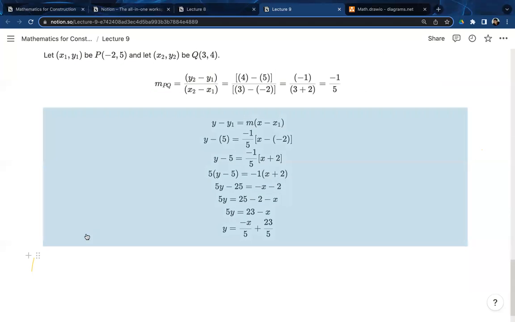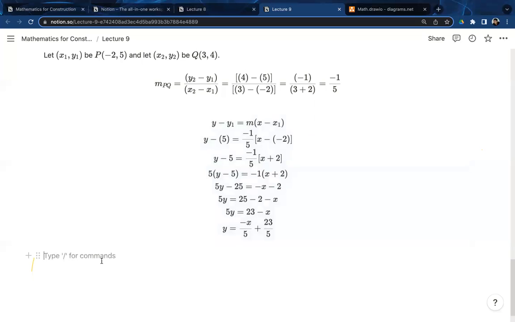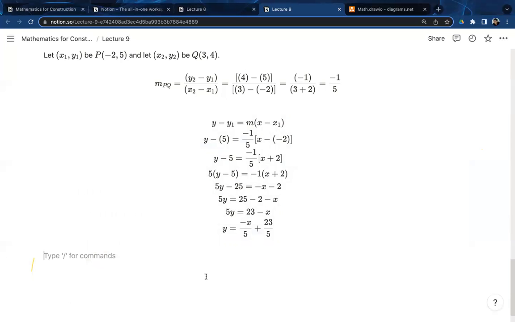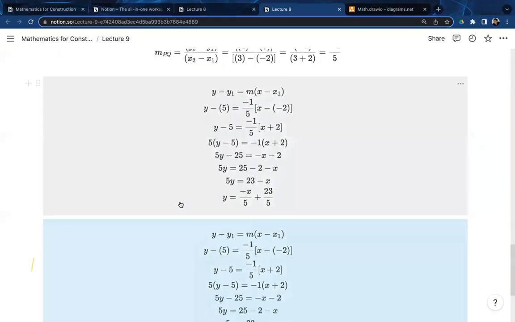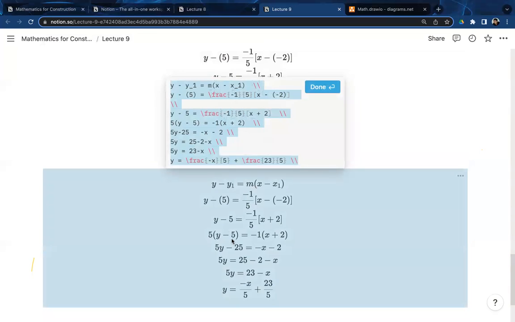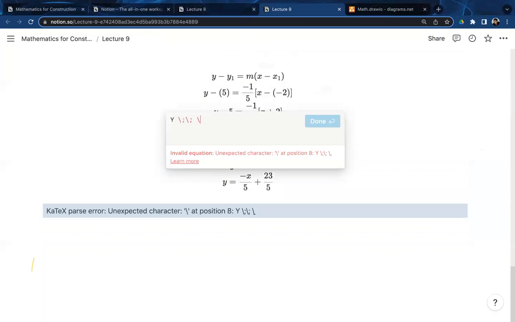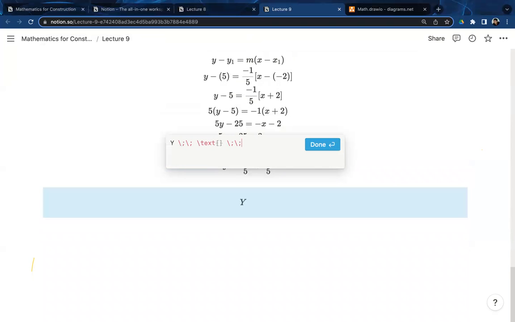So I could say here now, what's the coordinates of y?